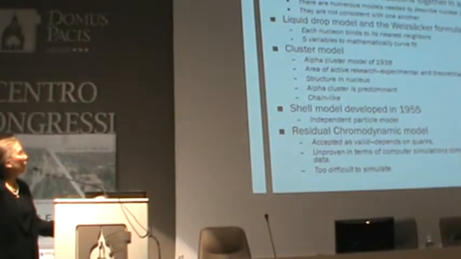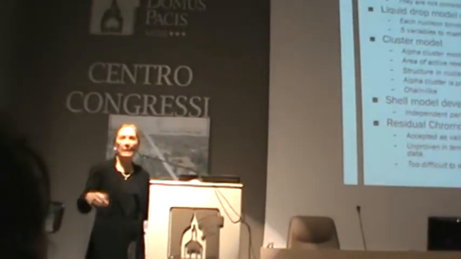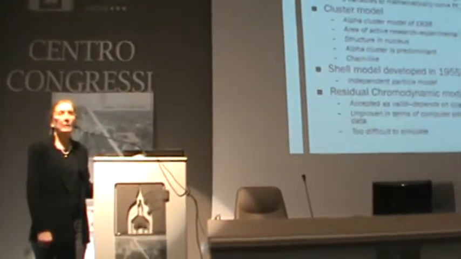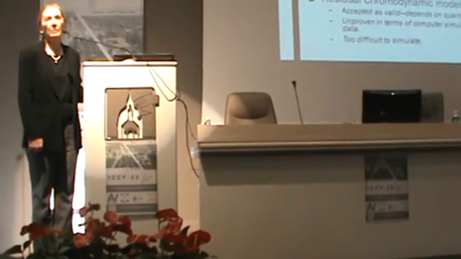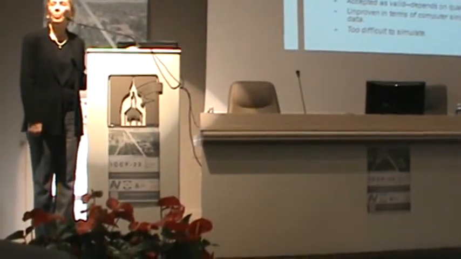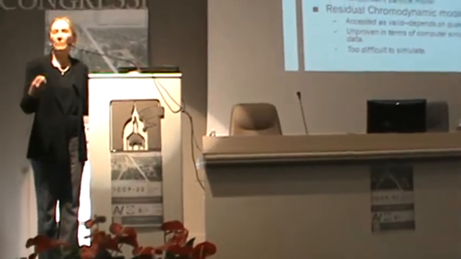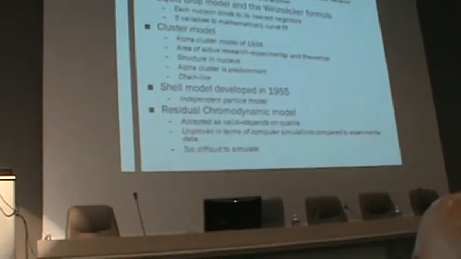What it says is there is structure in the nucleus. As we are all saying in this segment of our talks this morning, there is structure in the nucleus. And the alpha particle is the predominant structure, the predominant building block.